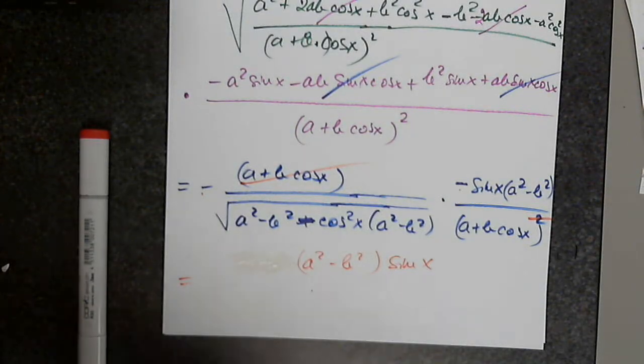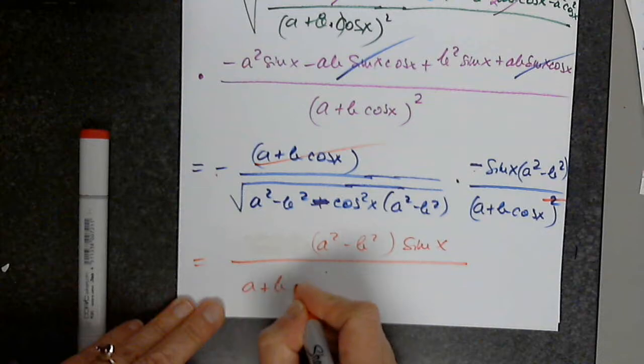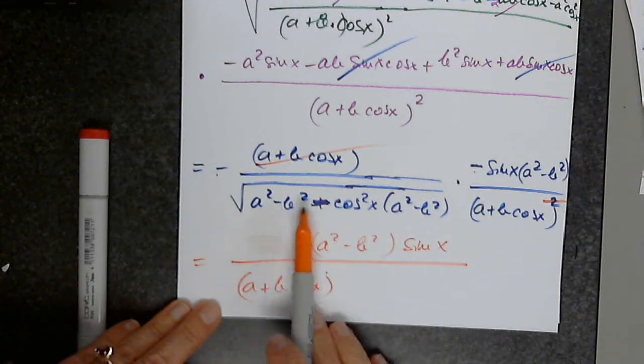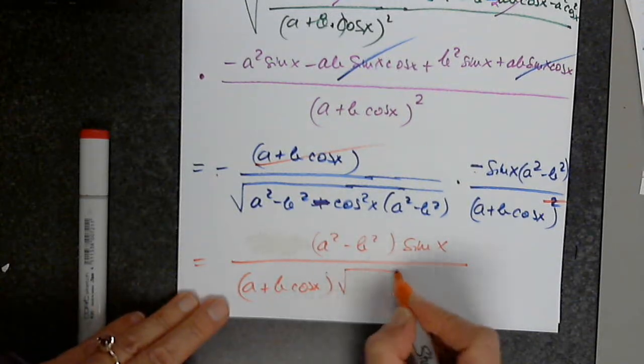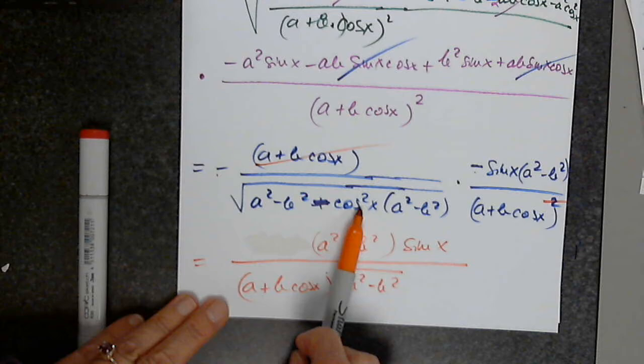Okay, so now in the denominator, I have this, which is a plus b cosine x. But I could factor inside an a squared minus b squared, but then I have 1 minus cosine squared, which is sine squared.